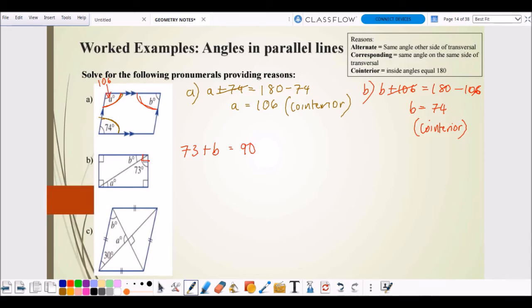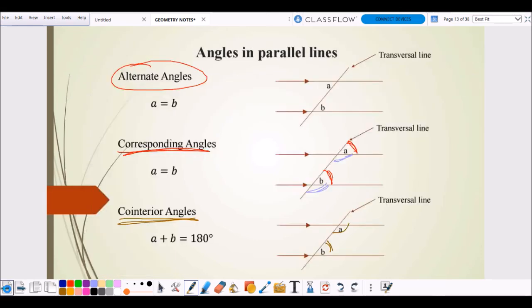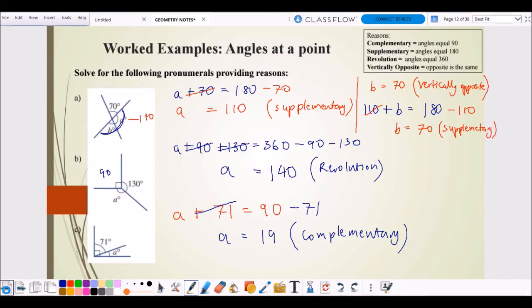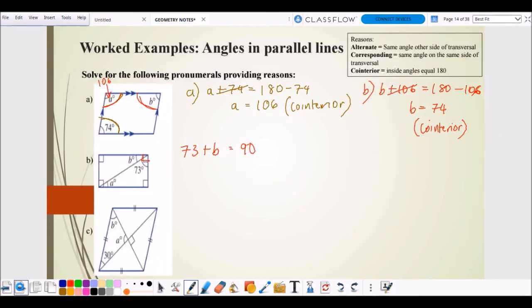Complementary. Just double check that that is the right word. Yes, supplementary is 180, so complementary. So if you're trying to figure out B, you minus that 73, B equals 17, and we know that it's complementary.